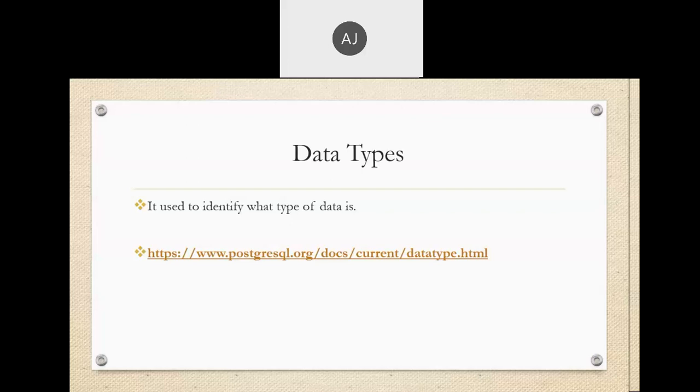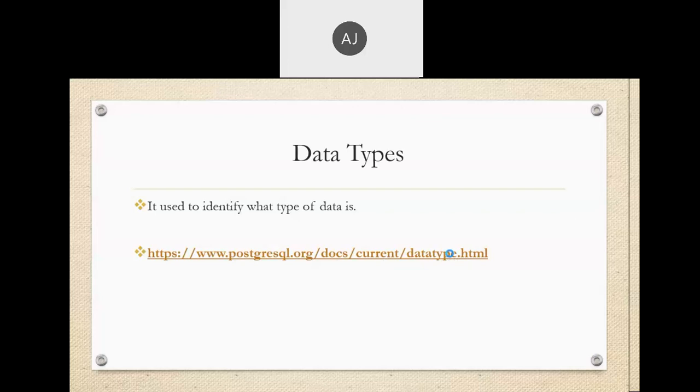But still, if you want to become a DBA, if you want to get the best opportunity in DBA, you need to understand all the data types. This one is a website, https://www.postgresql.org, in the docs section, current, datatype.html. Just snap it and visit that website. So I will open it.